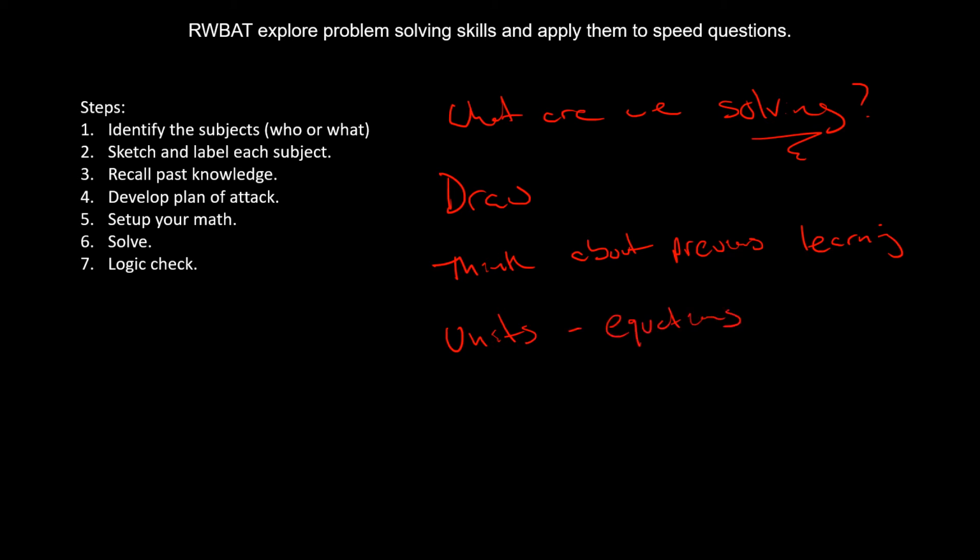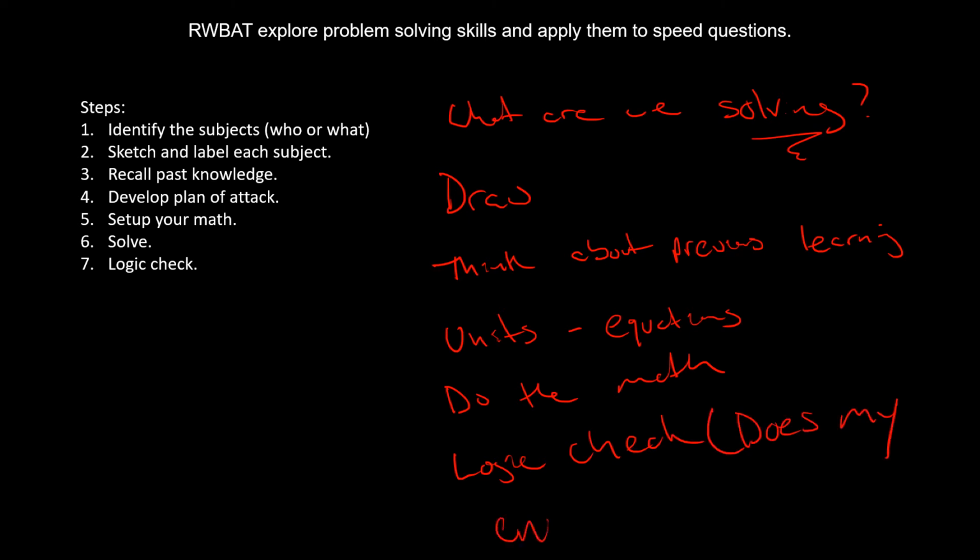You'll then set up your math and solve. So do the math. And then you want to do a logic check. A logic check means, does my answer make sense?